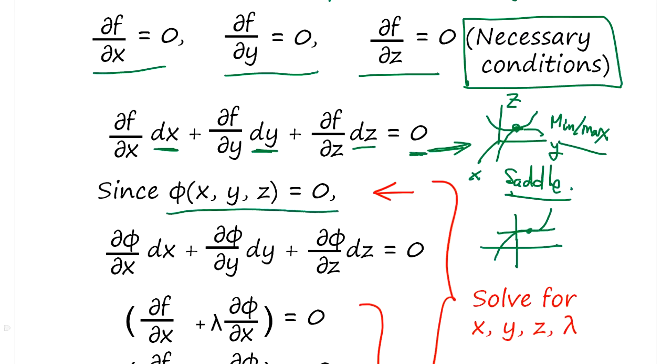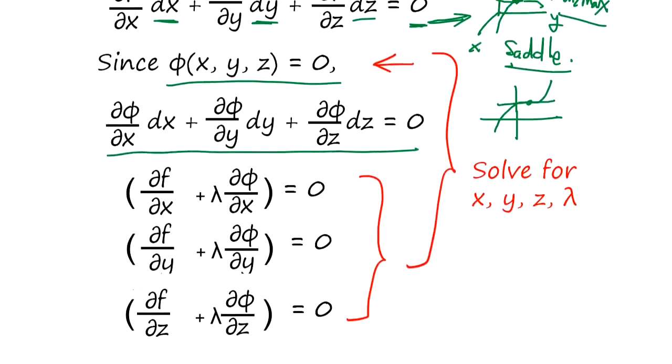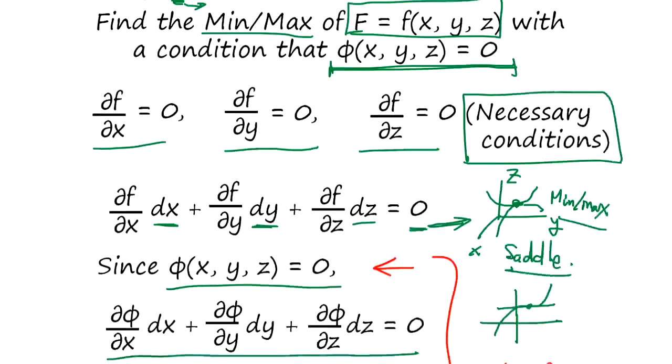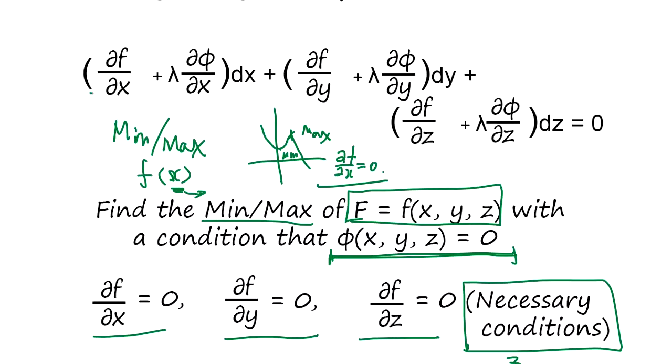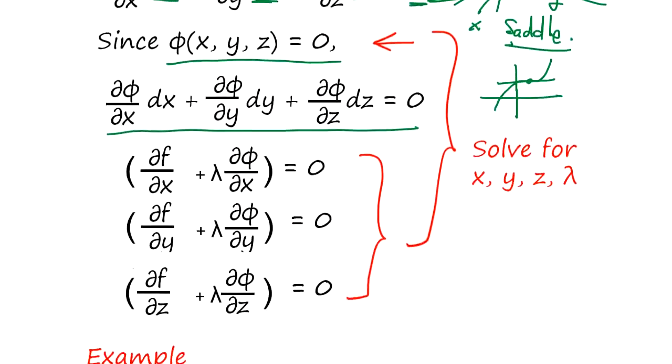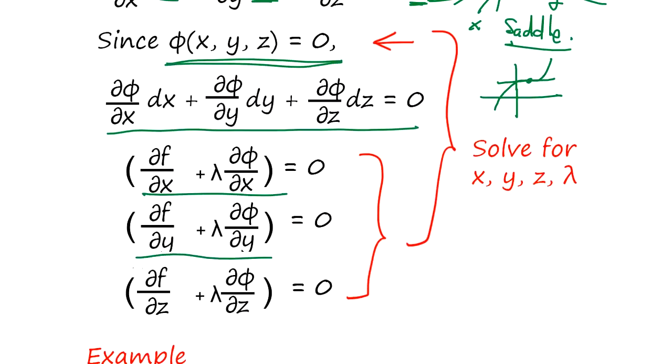Now, since phi is 0, this is also a necessary condition. Now you combine them together into this, so each one should be 0. That's also a necessary condition. So each one is 0, 0, 0. You put together all the necessary conditions: this is 0, this is 0, this is 0, this is 0.